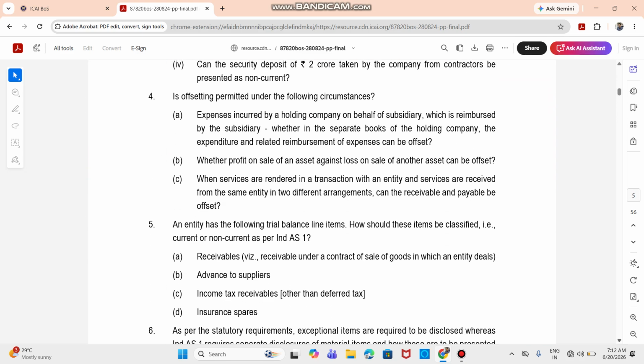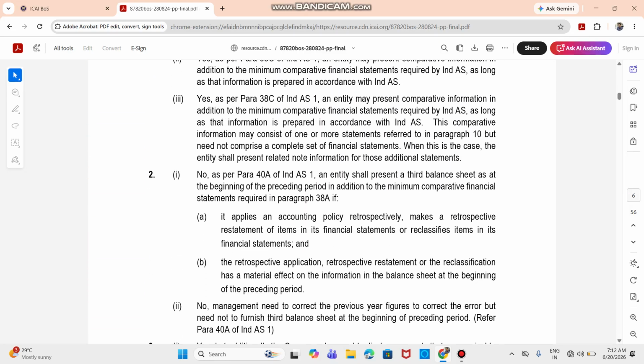Now let's quickly see how we are to reproduce, because those are things that carry a lot of value in the exam.